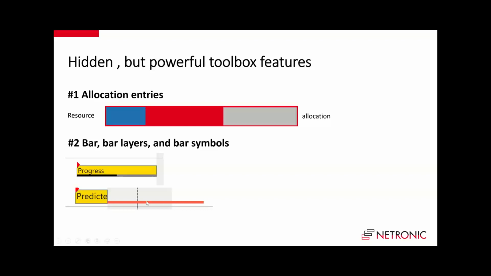Likewise, we have other customers who use with the toolbox an underneath layer to show it left from the bar, to say, okay, this is actually the baseline. This was my original project schedule, and now this thing is scheduled to be here. And then you can have symbols at the bar. So now let's look at this bar.